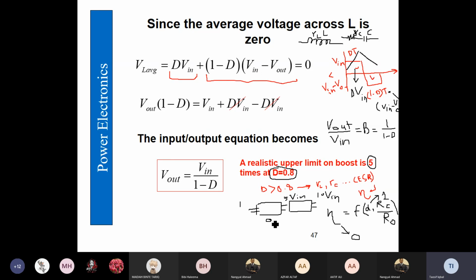Let's say if I keep the voltage gain low, around duty cycle 50%, there the efficiency is going to be around 90%. So again, the other side also has 90%. So the overall efficiency could be around 80%.